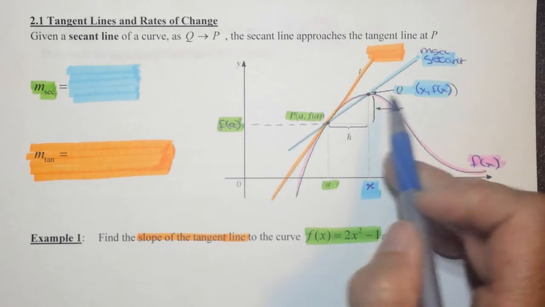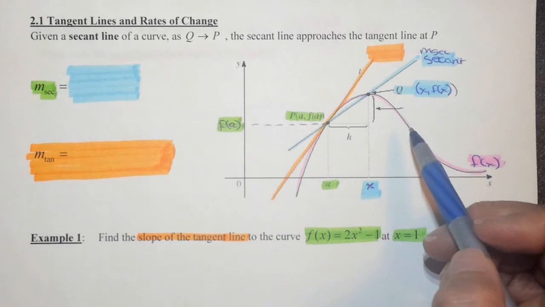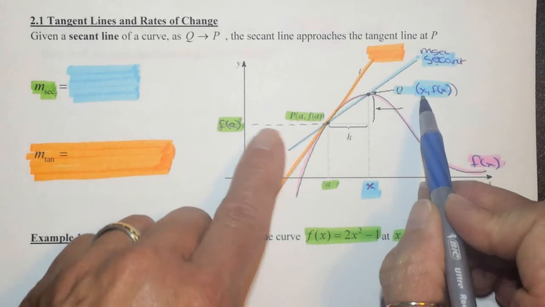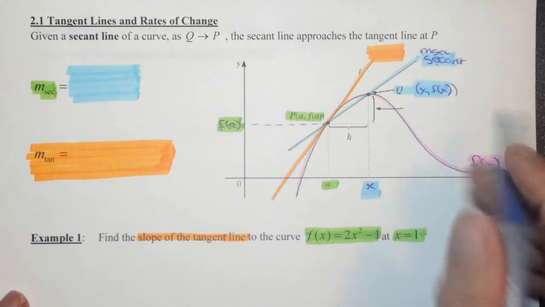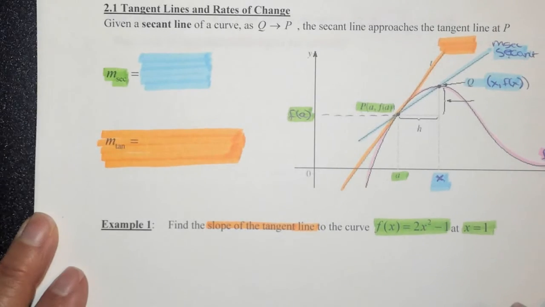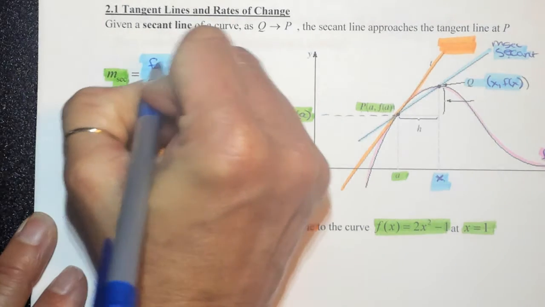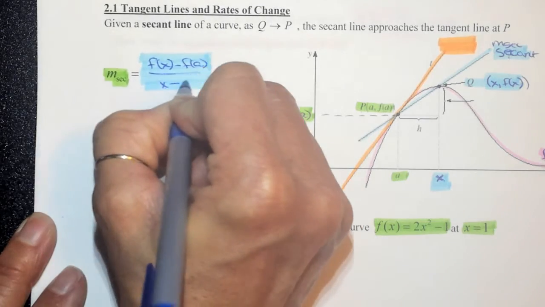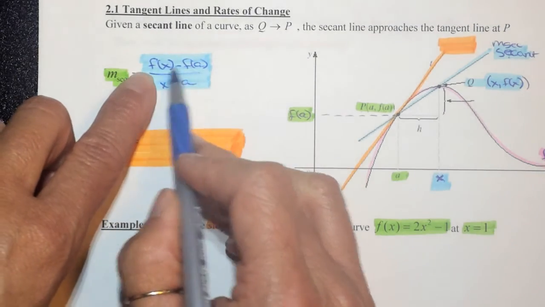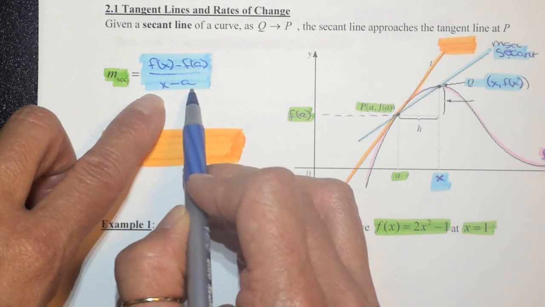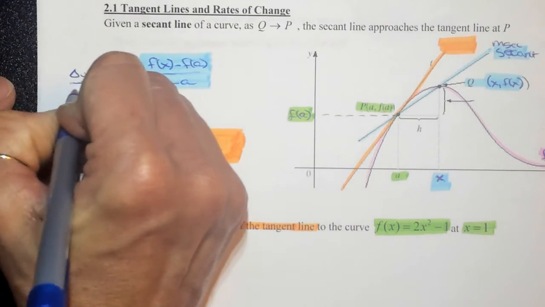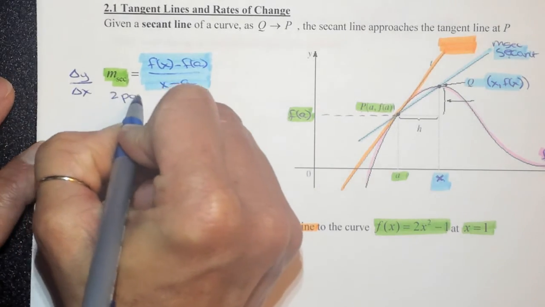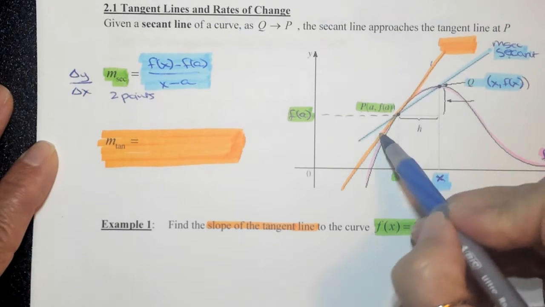And what we want to do is decrease the distance between these 2 points, and we would find the slope of the secant line by taking these 2 points and using the slope formula, which would be f of x minus f of a all over x minus a, which is essentially y sub 2 minus y sub 1 over x sub 2 minus x sub 1. So it's the change in y over the change in x. And we use this formula when you have 2 points on the graph and you are trying to find the slope of the secant line.